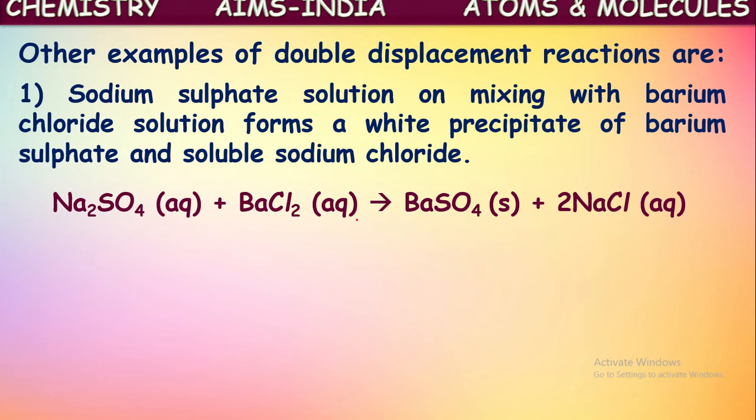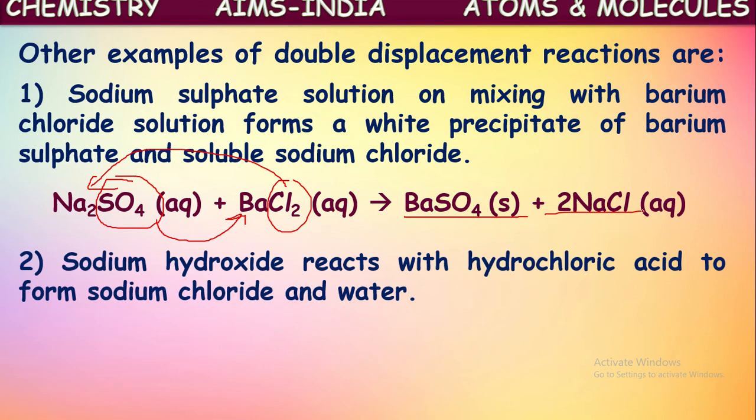When these two substances are mixed, they form a white insoluble solid called barium sulfate. Here the sulfate combines with barium forming barium sulfate, and the chlorine combines with sodium forming sodium chloride. Mutual exchange between the molecules is happening, so you can say this is a double displacement reaction.